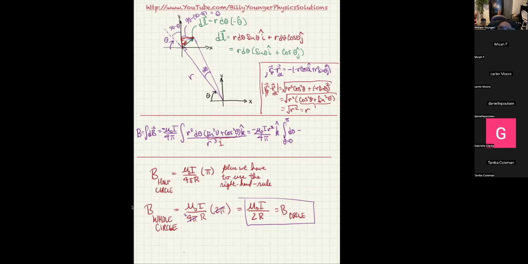I could have a wire come in this way and then make a half circle or even a 3/4 circle if I really wanted. And then I could do a different radius up to here and then a different radius down to here and then go like this. And those two lines that are parallel are really on top of each other. And then I could ask for the magnetic field at this point right here.